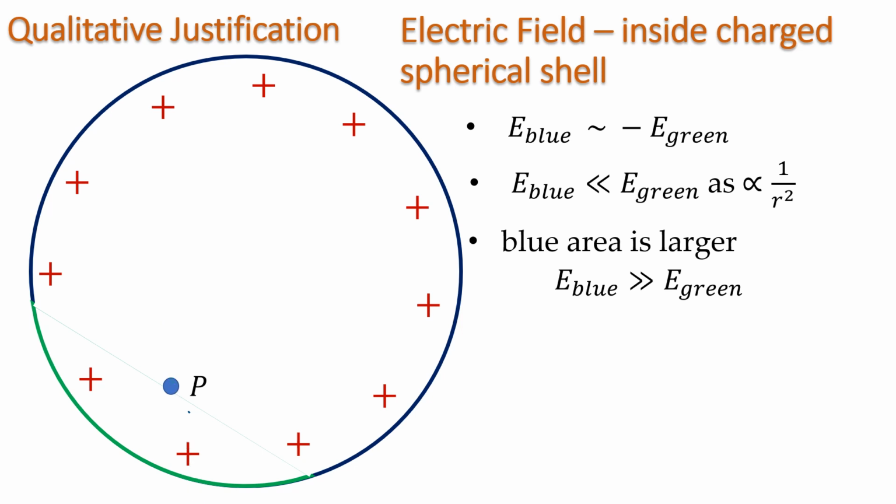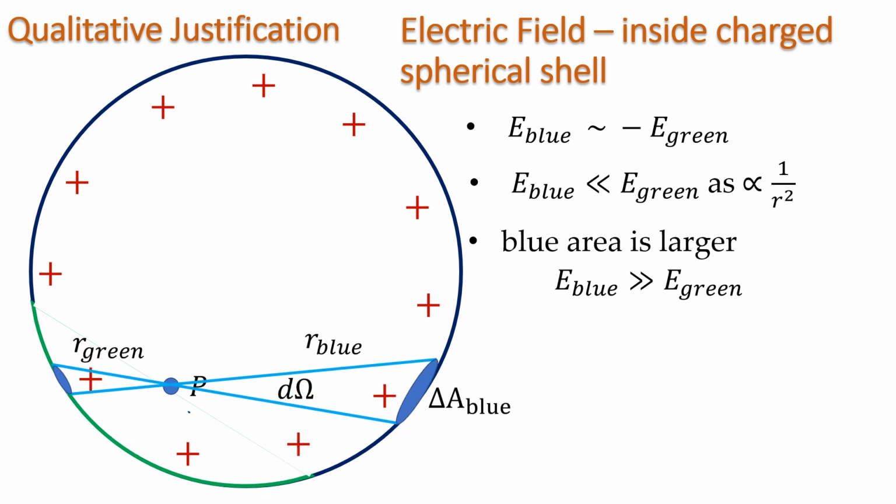The solid angle from P to the blue region is equal to the solid angle to the green region in the opposite direction. Therefore, the area due to the solid angle is proportional to r square, which just compensates for the weakness of the electric field due to distance. You can ponder over these points later, but let's proceed.